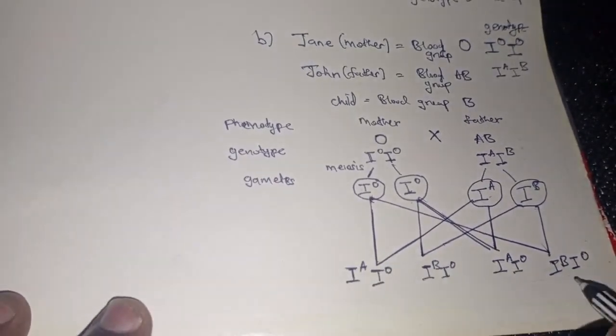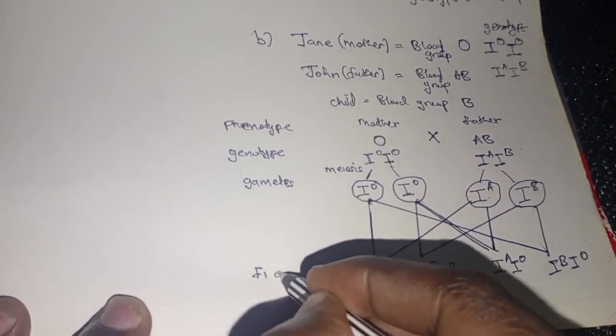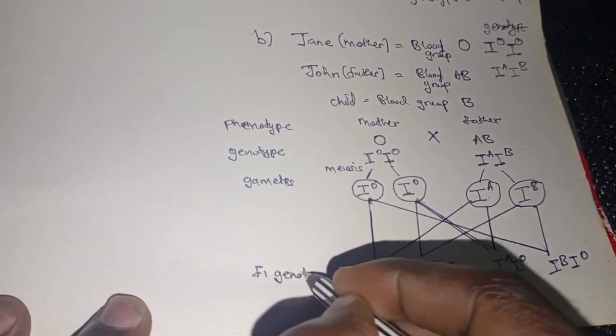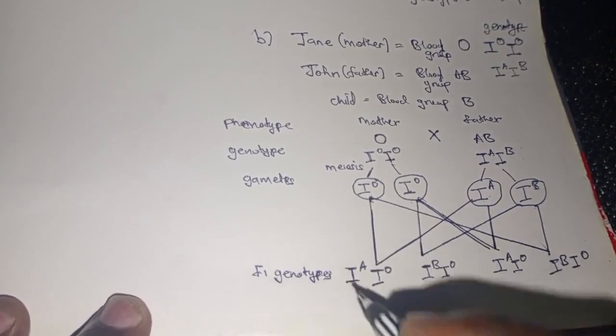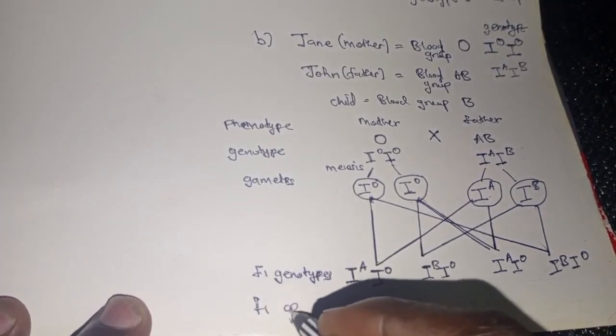So these are genotypes, but we call them F1 genotypes. Then F1 phenotypes.